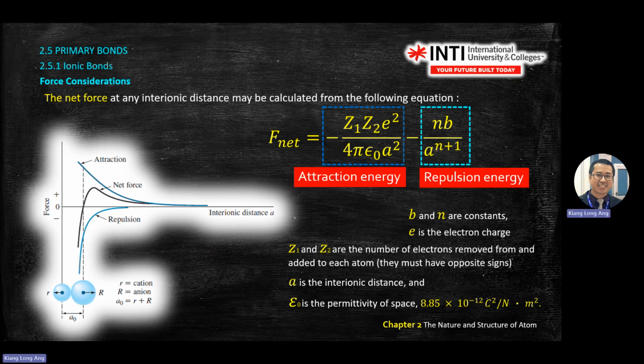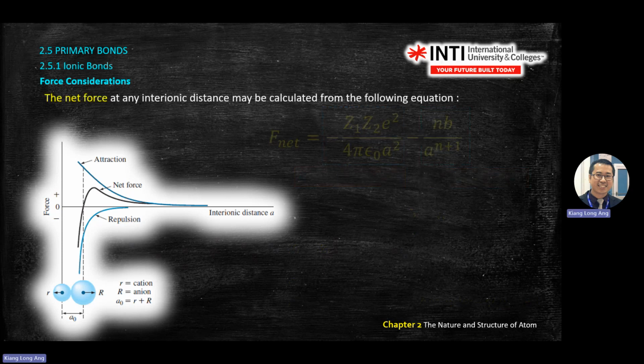Sometimes we do give you this number. What's important is you know this equation. We'll give you n equals what, B equals what. Then you know this is the equation you need to apply. The rest is substitution.